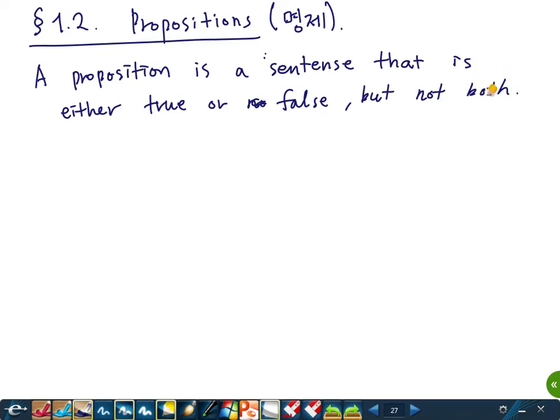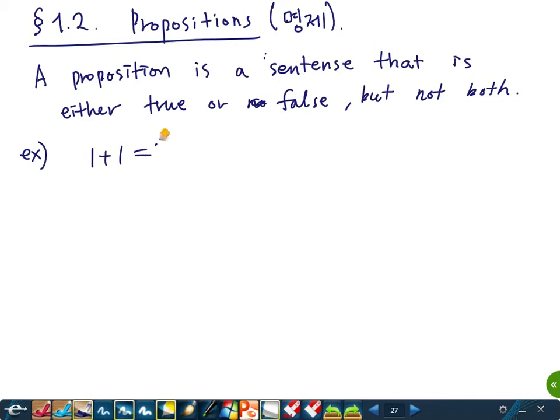It can be just one of these, true or false. If you can determine this sentence is true or false, then it is called a proposition.